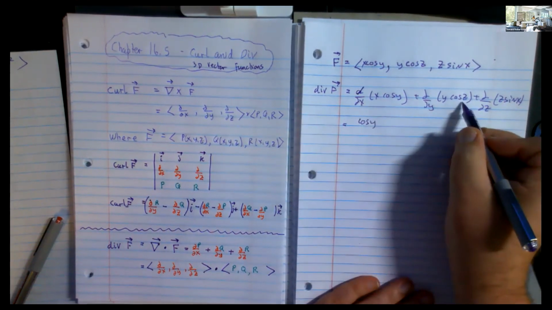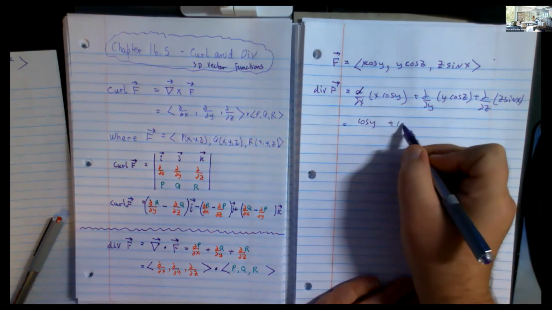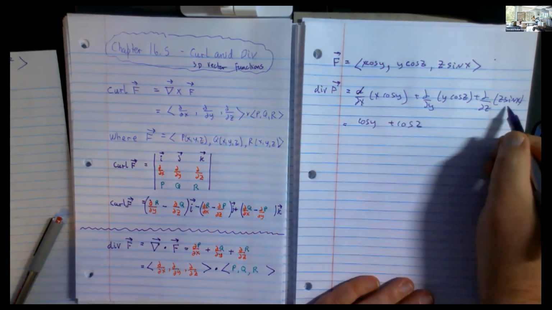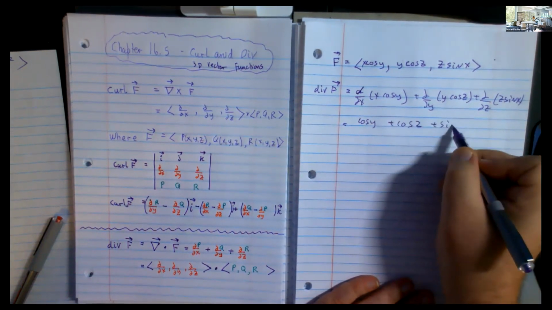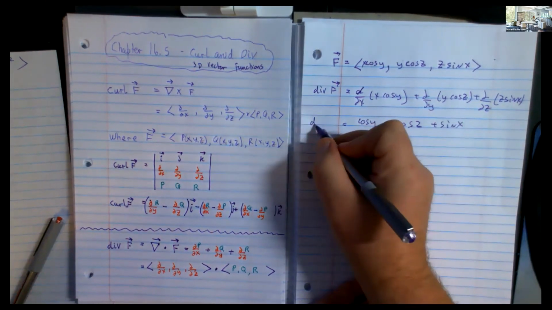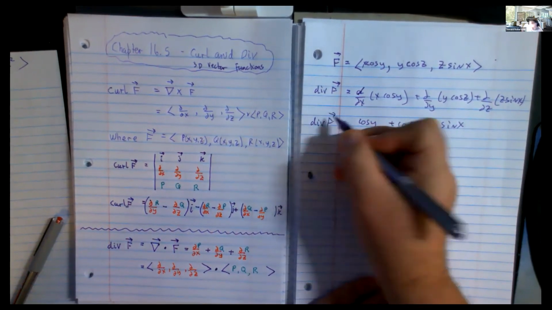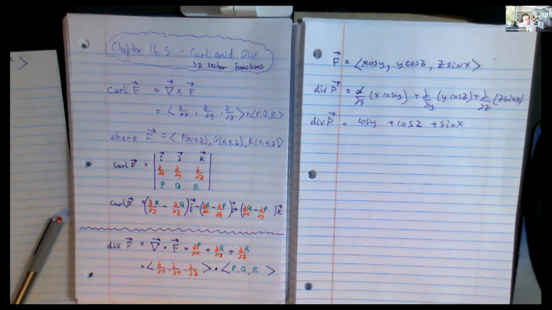This guy gets me cosine z. And this guy gets me sine x. Would you agree? Not a question you're likely to ask, but it's good to ask people questions just to get their brain moving.